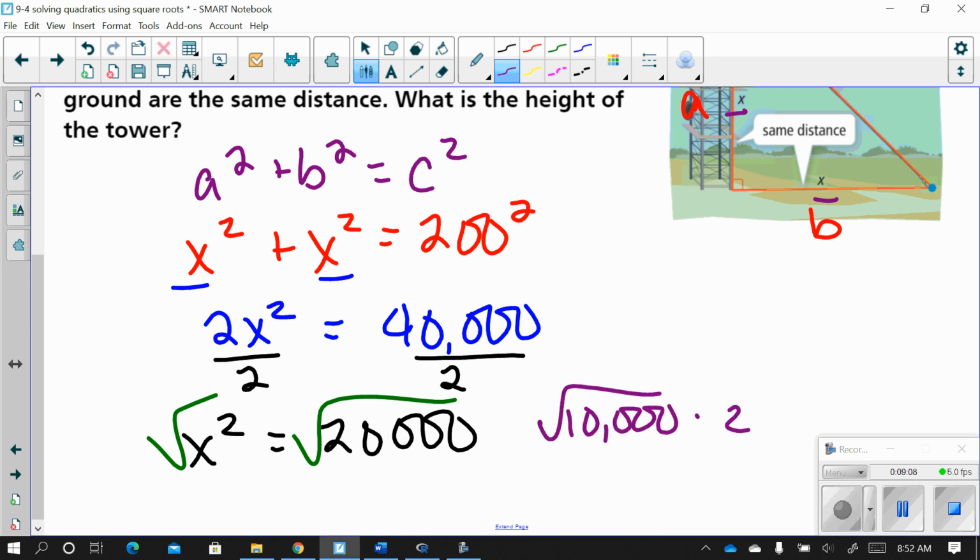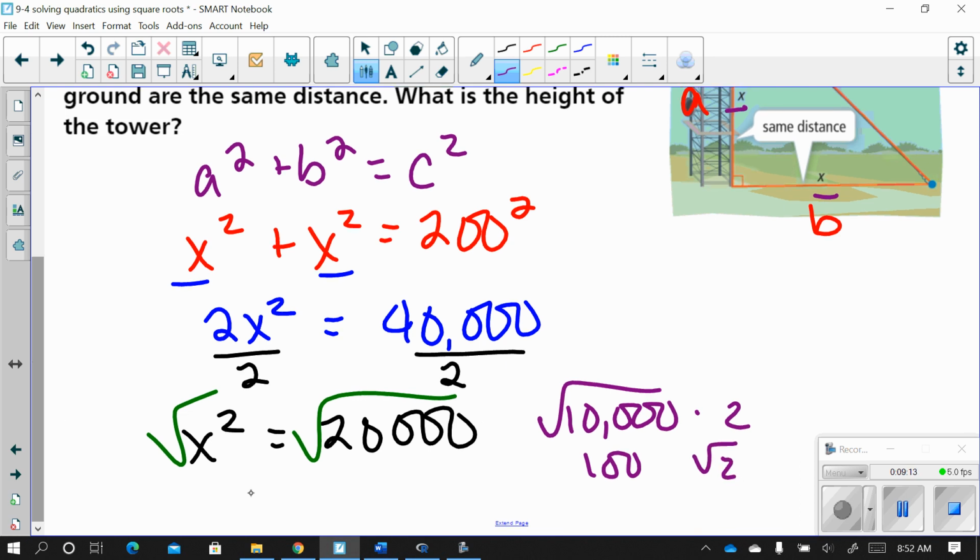The square root of 10,000 is 100. So I can break this down into plus or minus 100 times the square root of 2.